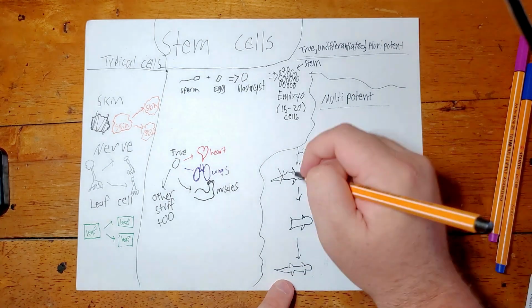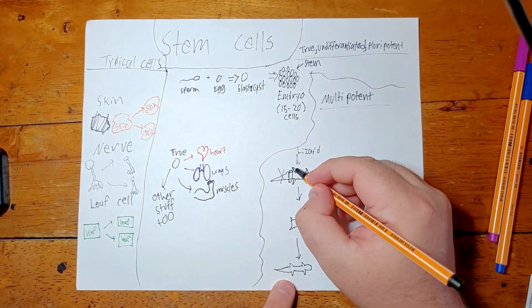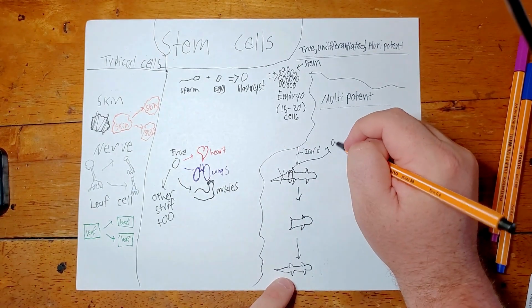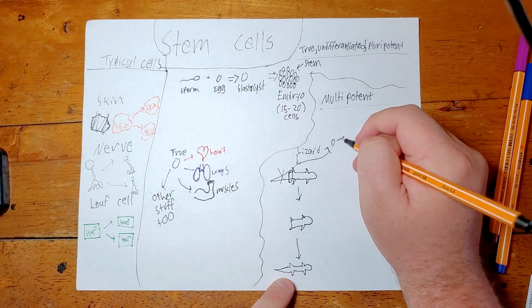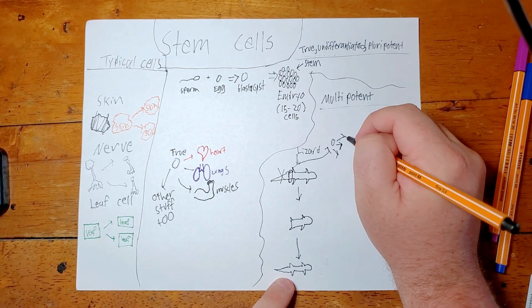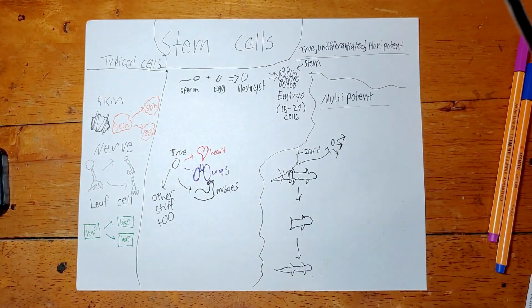And the reason for that is because in this region of the lizard here, we have multipotent stem cells, right? We have little cells, and these cells can turn into a few different things. They can turn into all the things possible to make a tail.